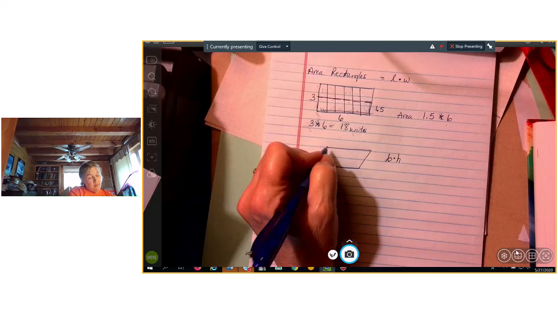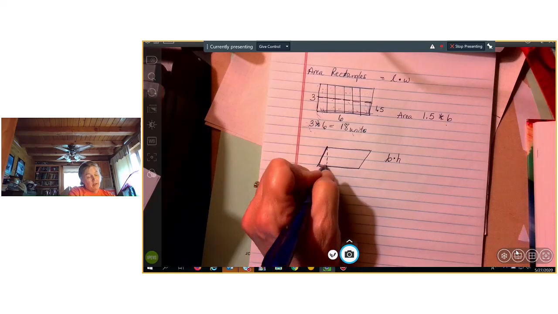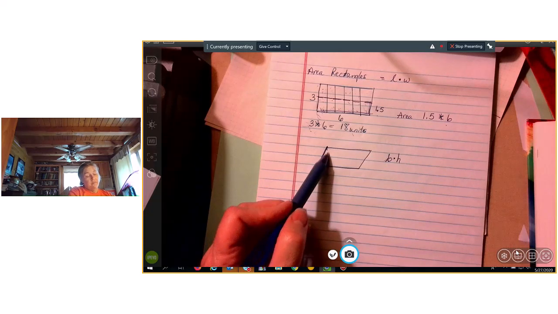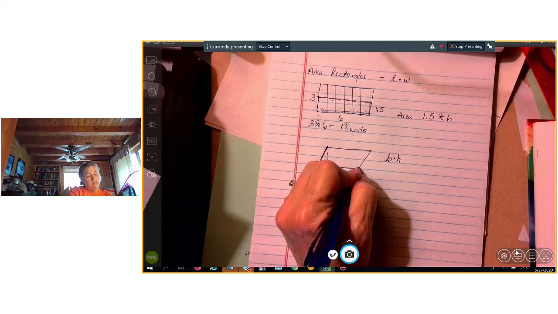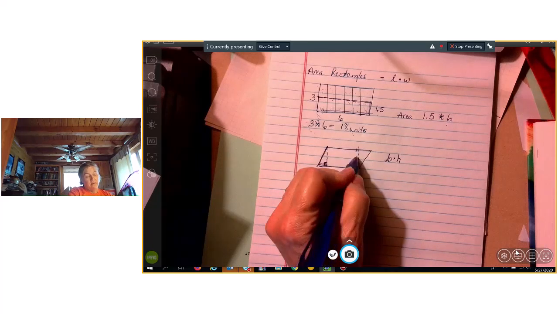Now the base is going to be this. Our height is going to be when we drop this perpendicular here. And a perpendicular is when I drop a line from the top to the bottom, and it forms this right angle down here at the bottom. And so this is my height. Same thing, if I move that one up, this would also be the height.